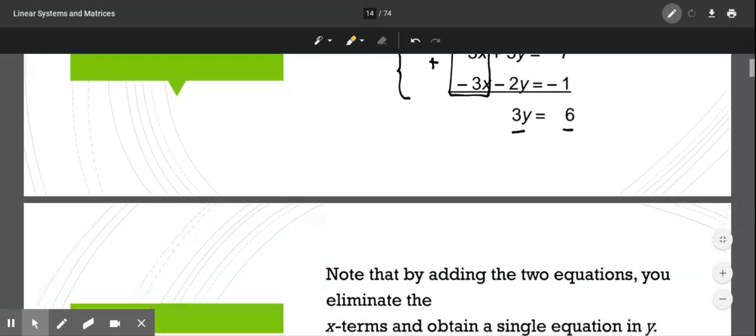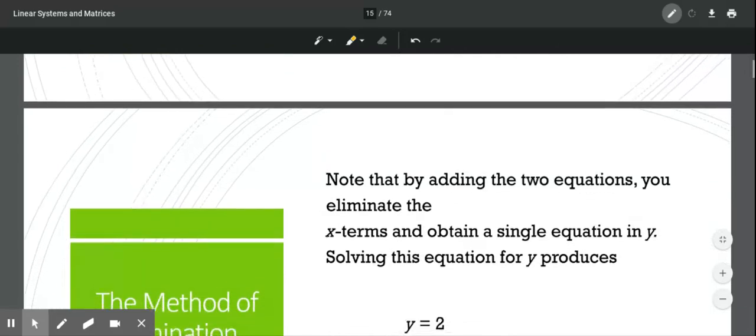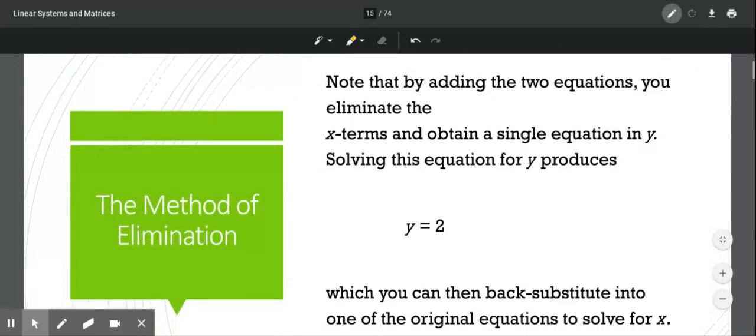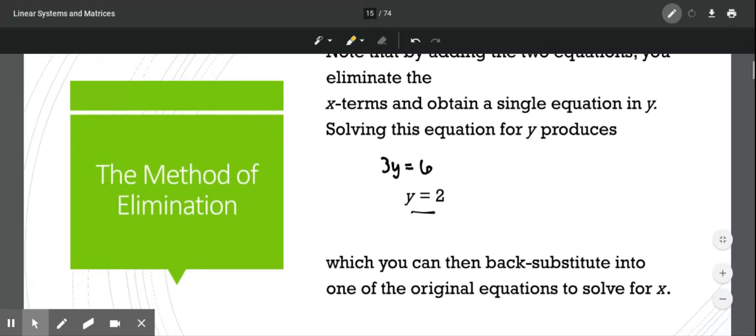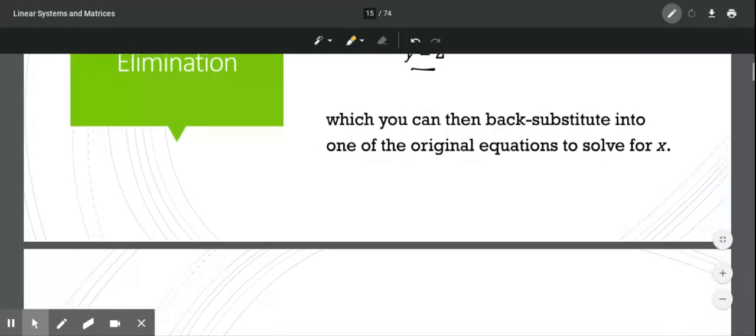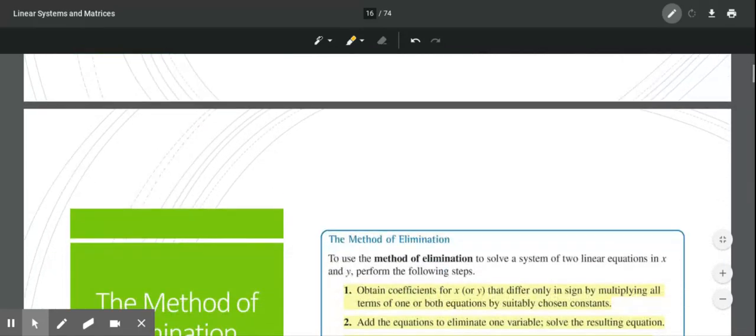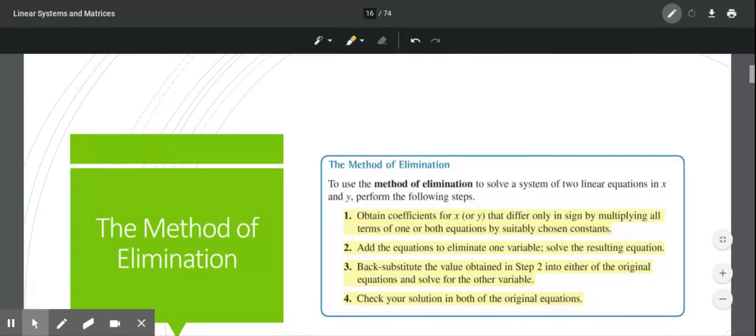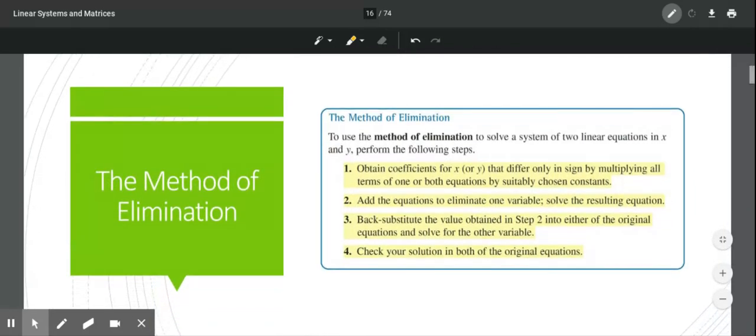Then we could solve for y and get y equals 2, right? Because if we had 3y equals 6, then y would equal 2. And then we could go back and substitute the 2 in for the y and solve one of the equations for x. So this box right here kind of takes you through that method of elimination.